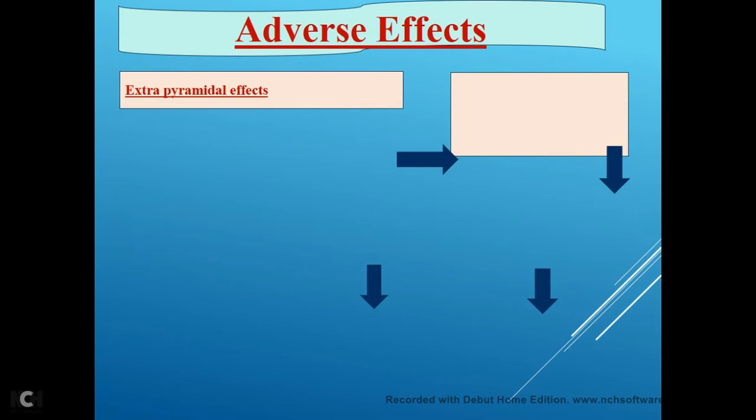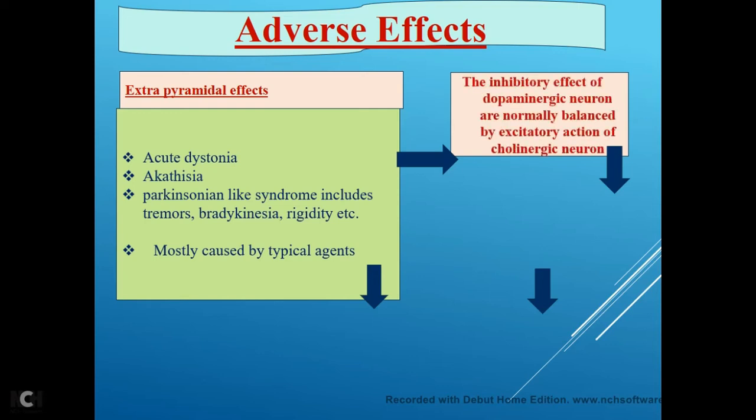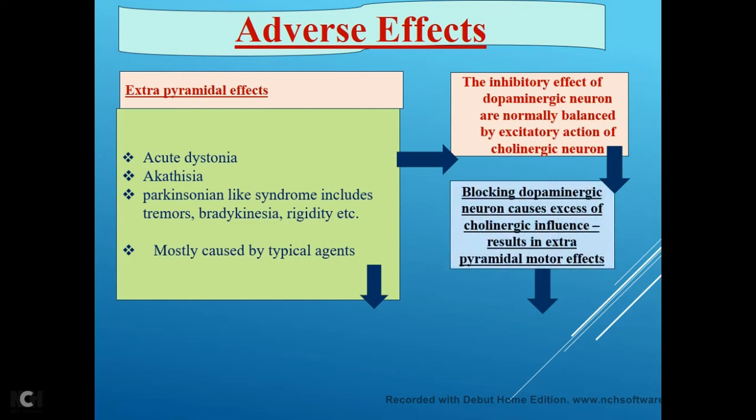Adverse effects of antipsychotic drugs. Extrapyramidal effects include acute dystonia, akathisia, and Parkinson-like syndrome, including tremor, bradykinesia, and rigidity, mostly caused by typical agents. The inhibitory effect of dopaminergic neurons is normally balanced by the excitatory action of cholinergic neurons.